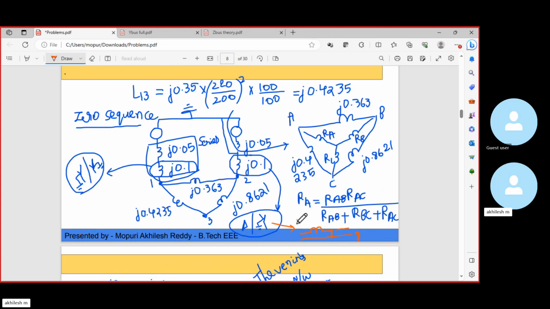And this is the side where it is star with neutral grounded. And this is the side of delta connection. Since this side it is delta connected, and here to the side of secondary bus bar, it is star with neutral grounded. This is A, and this is A dash.